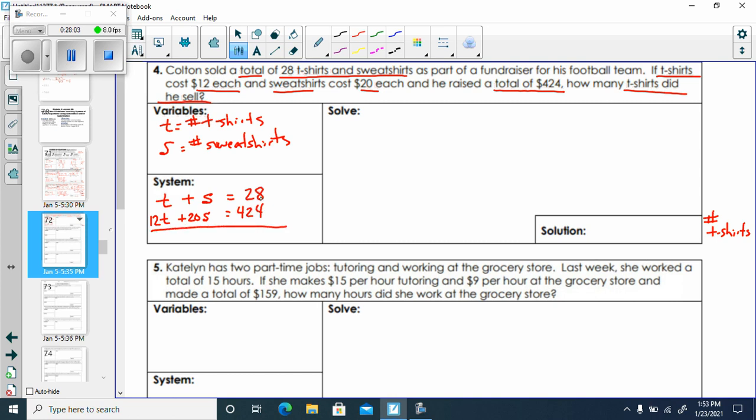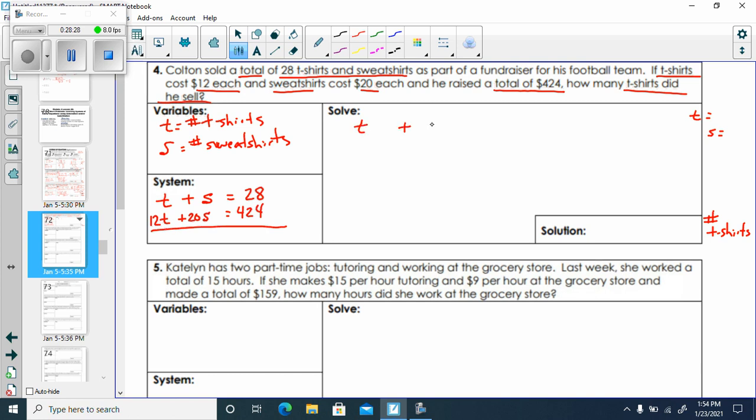Now I realize this is money and this is number of shirts, but see how we still have our variables lined on top of each other. T's are on top of each other, S's are on top of each other. We have a system of linear equations. We know we're going to need elimination because nothing says T is equal to and nothing says S is equal to here, does it? So let's solve our equations.